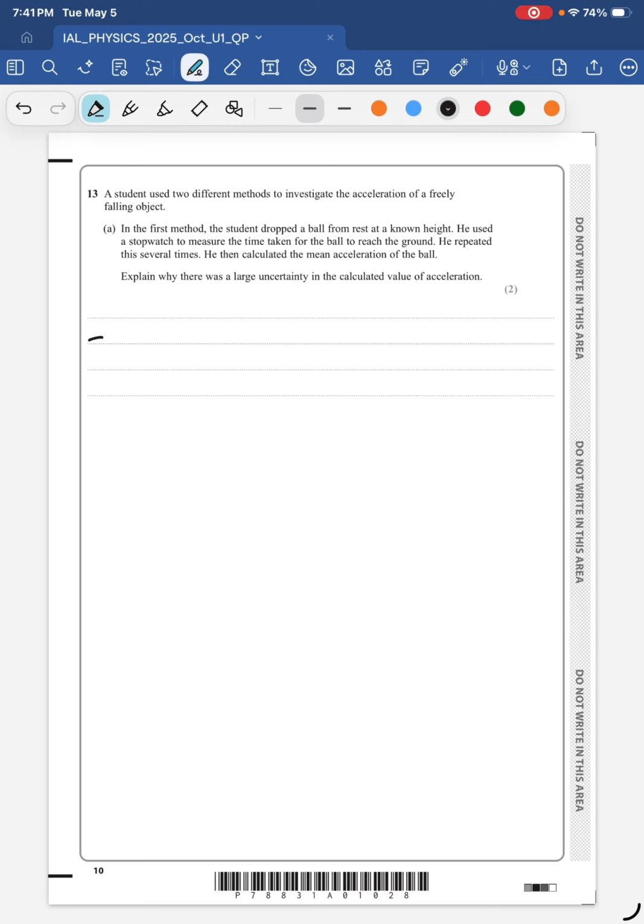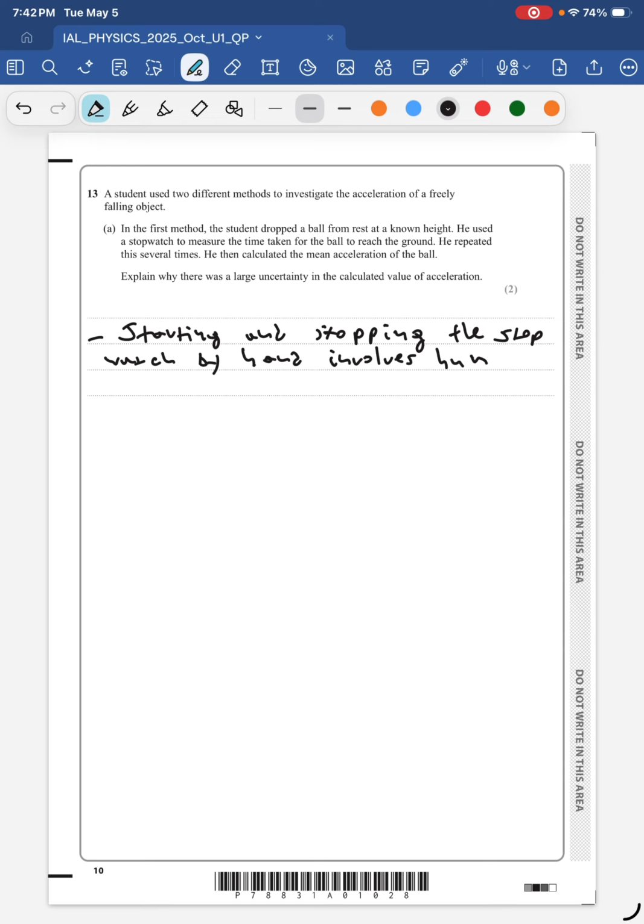So let's start by writing that starting and stopping the stopwatch by hand involves human reaction time.